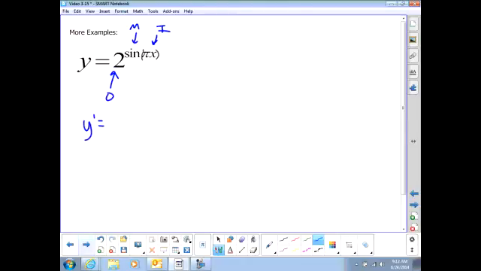Normally it's 2 to the x ln 2, but we'll have 2 to the sine pi x times natural log of 2, because it's natural log of the base, times the derivative as we work our way in. So the derivative of sine would be cos, keeping the pi x the same. Now times the derivative of the pi x, which is just pi.